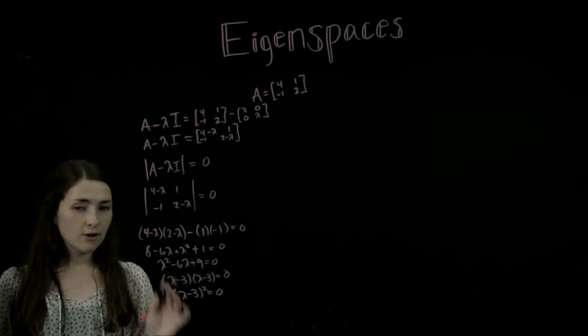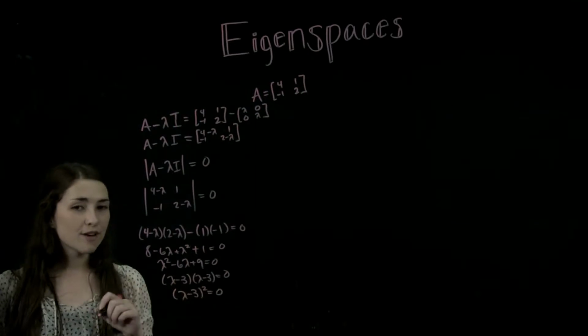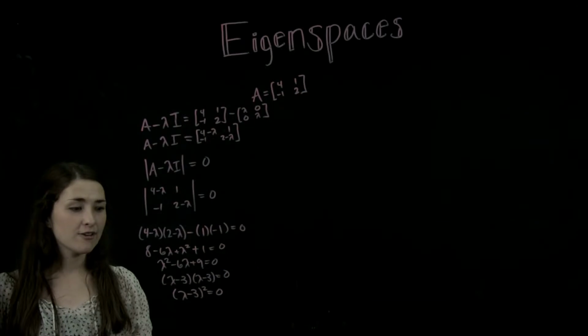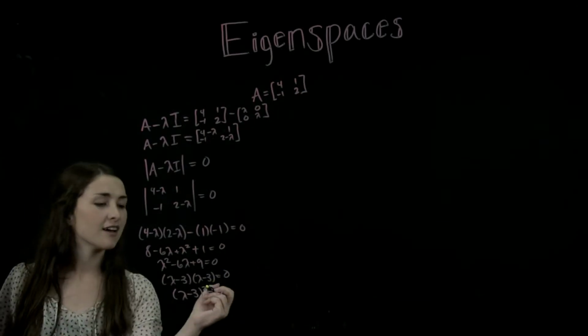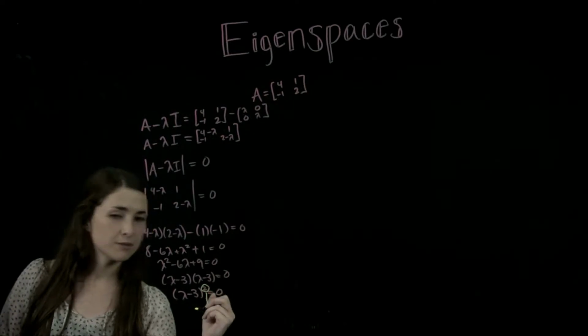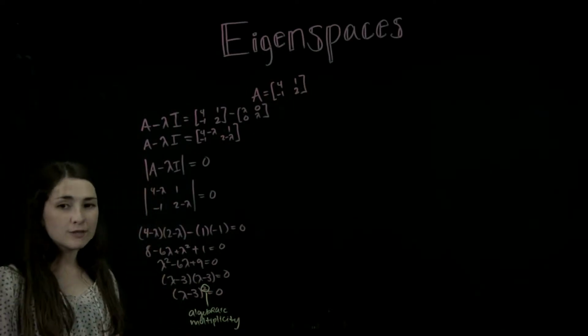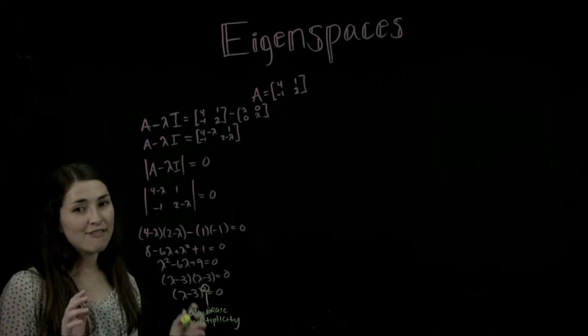Okay, hold up, something crazy happened. We've never had this, so that we have more than a power of 1 on any factor corresponding to an eigenvalue. So this actually here, we have a special name for it, and that is called our algebraic multiplicity. So the power on the factor corresponding to each eigenvalue is the algebraic multiplicity of that eigenvalue.